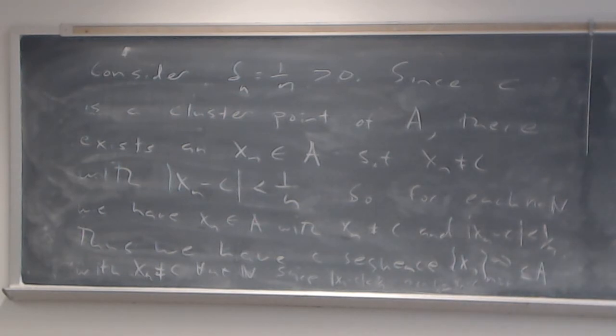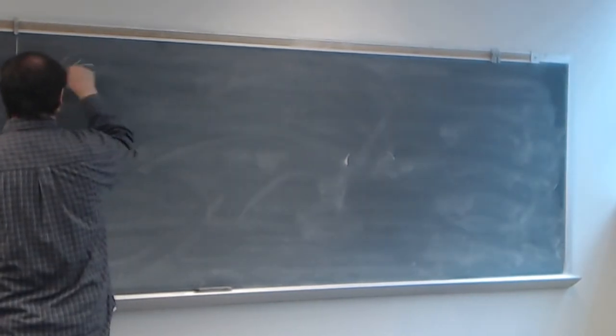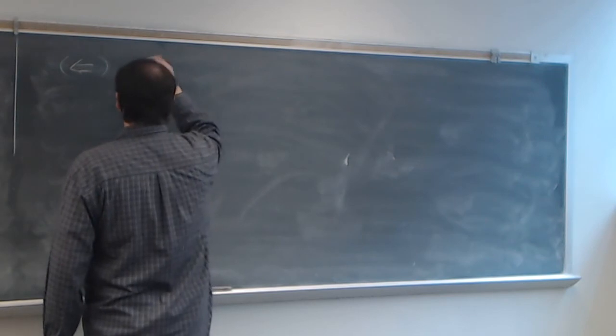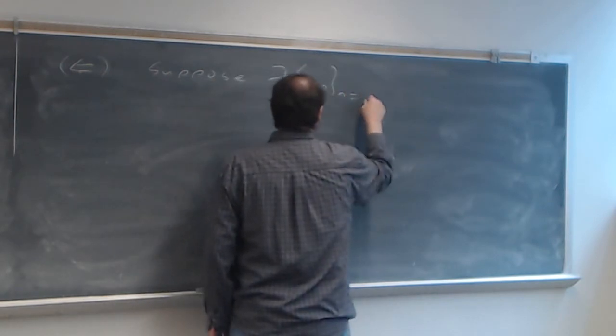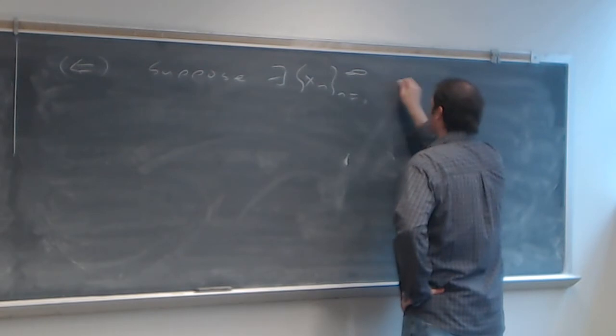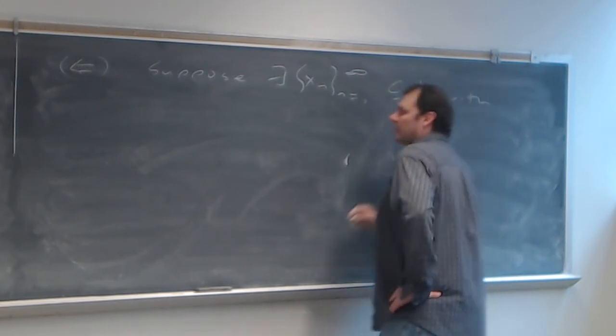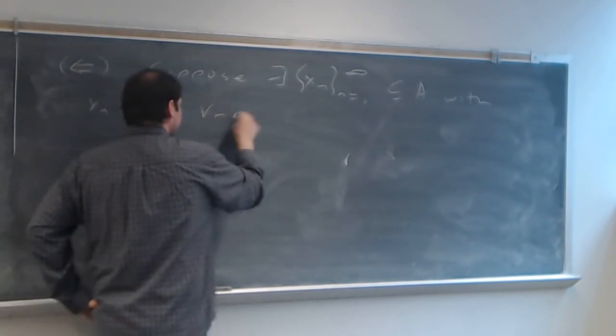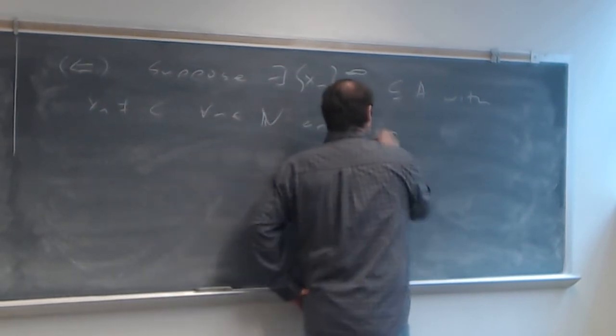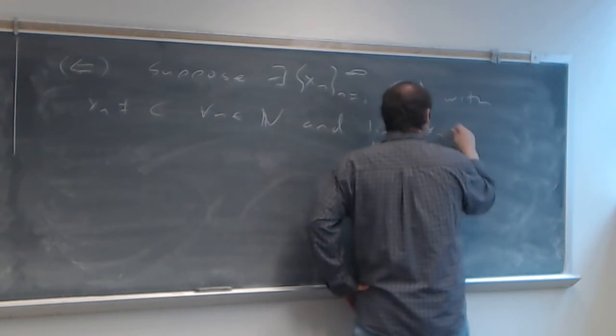Well, that's only half the proof. We've got to go the other direction. So for the other direction, suppose there exists a sequence x_n contained in A, with x_n being different from c for all n, elements of the natural numbers, and the limit as n goes to infinity of x_n equals c.